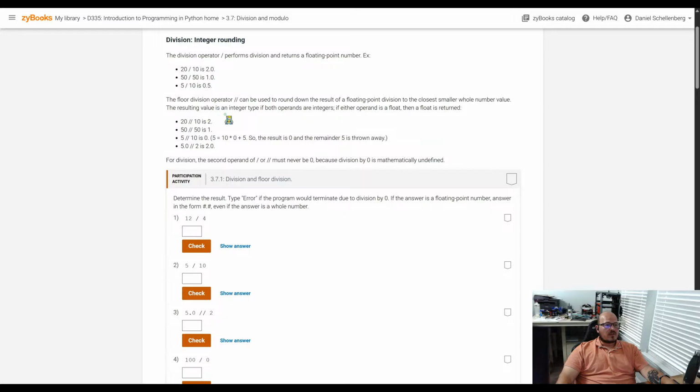The resulting value is an integer type if both operands are integers. If either operand is a float, then a float is returned. 20 floor division 10 is 2. 50 floor division 50 is 1.